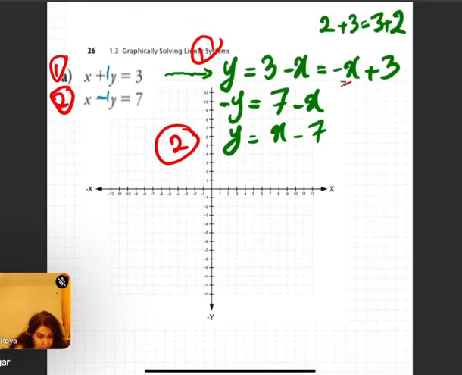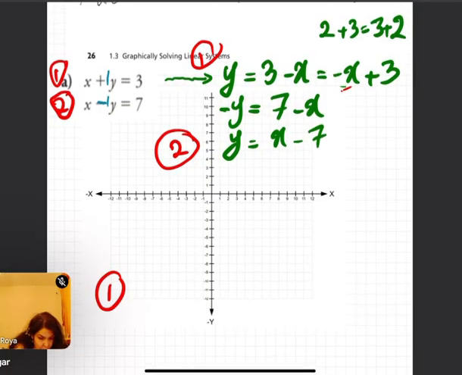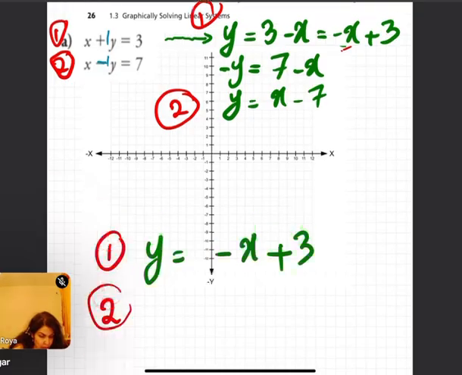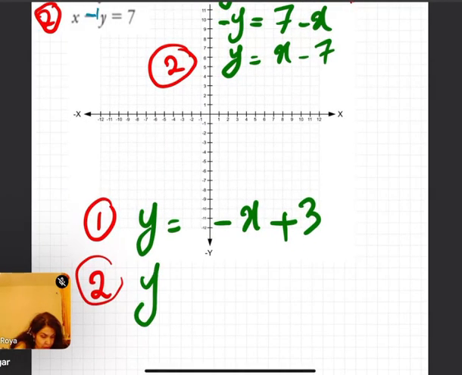Equation 1 is y equal to negative x plus 3, and equation 2 is y equal to x minus 7.